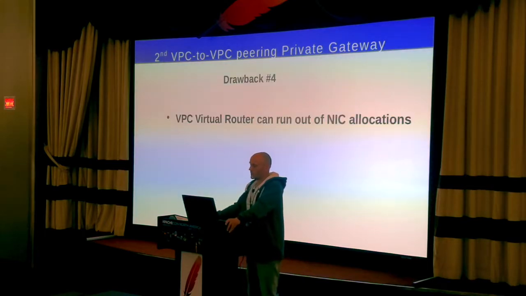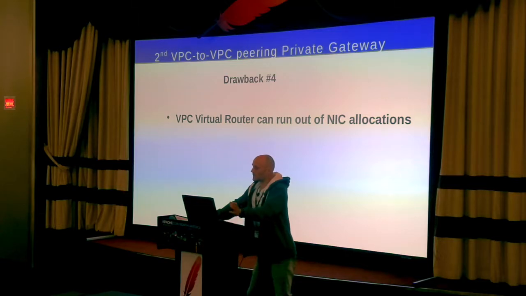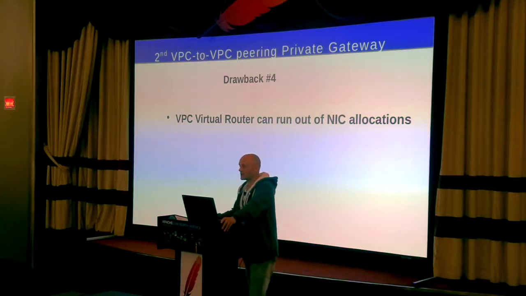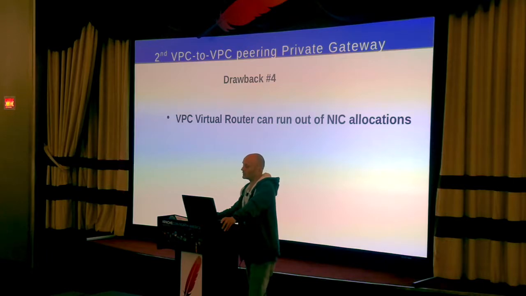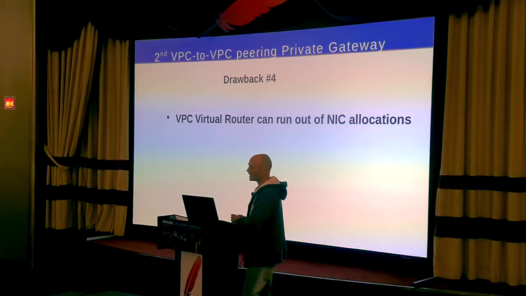The fourth drawback is that there's no way to tell CloudStack that you want to reuse the same NIC or the same interface. So if you create too many of these private gateways, you can start running out of NIC allocations as per hypervisor maximums.